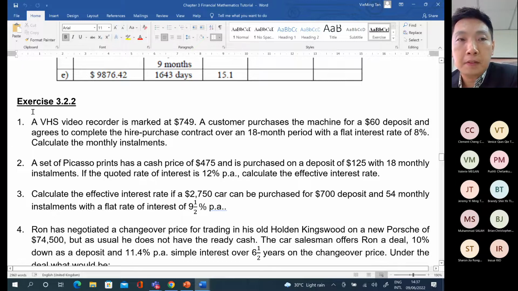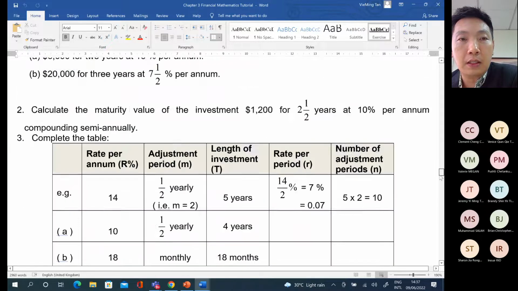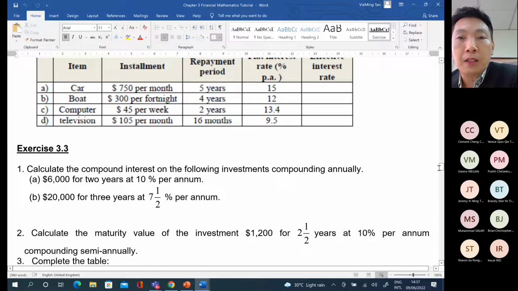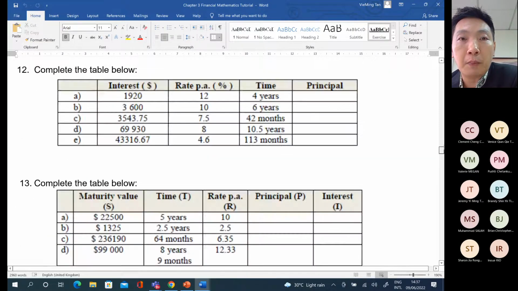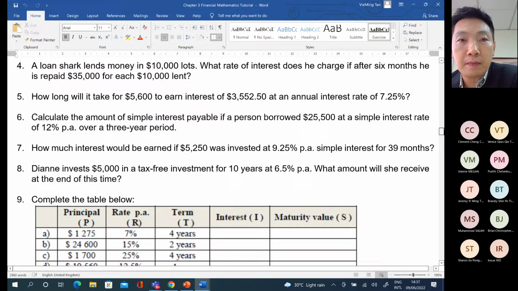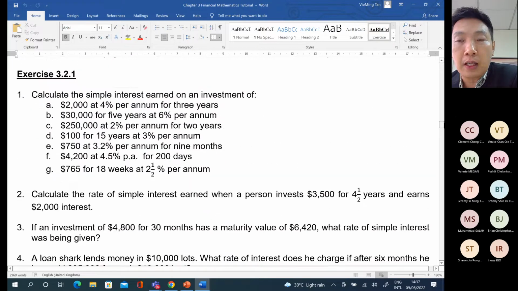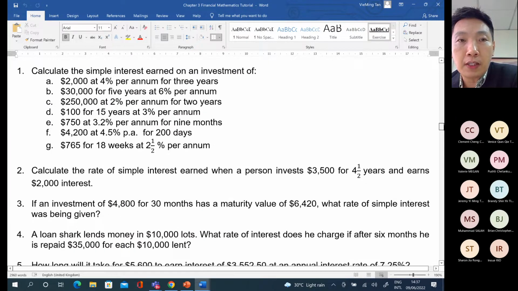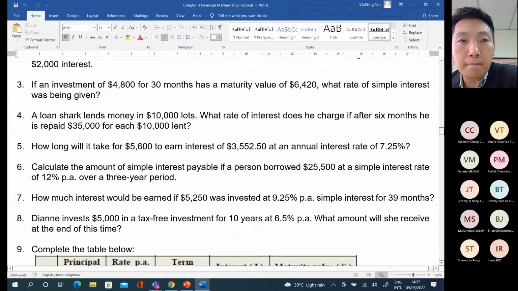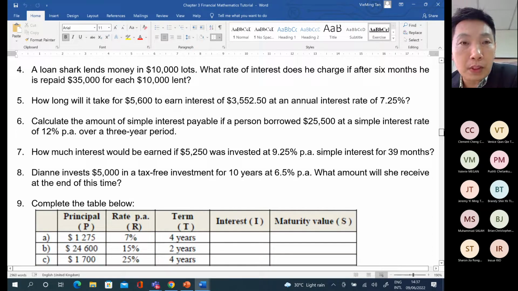Then exercise 3.3 covers questions on compound interest. Maybe I can choose one question from each exercise, and the other questions you can do at home. So for exercise 3.2.1, I will probably choose one question.